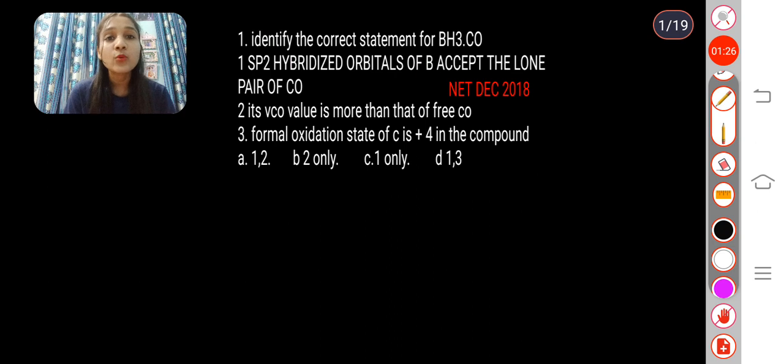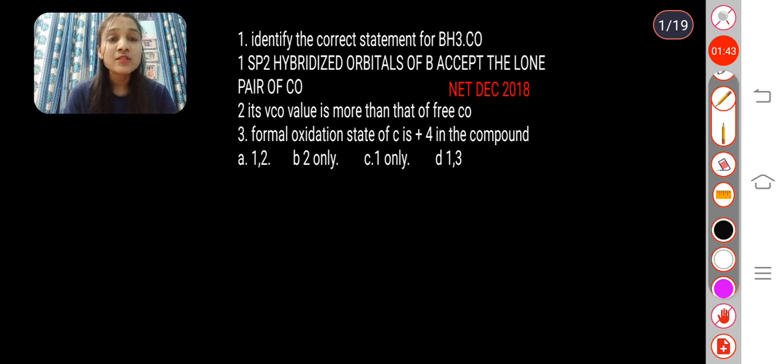It does not back donate to CO. So due to this, there is very negligible back bonding. That's why the nu CO value is more, because back bonding is inversely proportional to the nu CO stretching frequency, as we discussed in our first part.